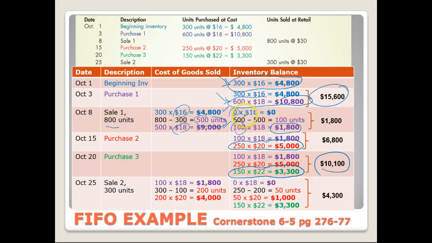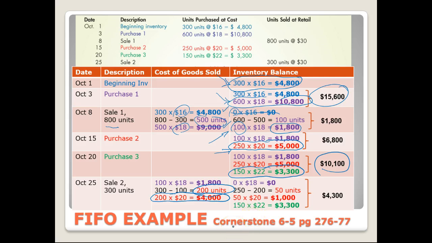Well, notice I had none left of the blue, but I still have 100 left of my purple grouping, so I'm going to sell those, and they're $18 of cost per unit. But I have a 300 unit sale, and so 100 isn't going to quite cut it. I still need 200 units left. Where am I going to go for those? Well, I'm going to go to the red group because that's the next most recent. And that's 200 units at $20, which is another $4,000 of cost of goods sold.